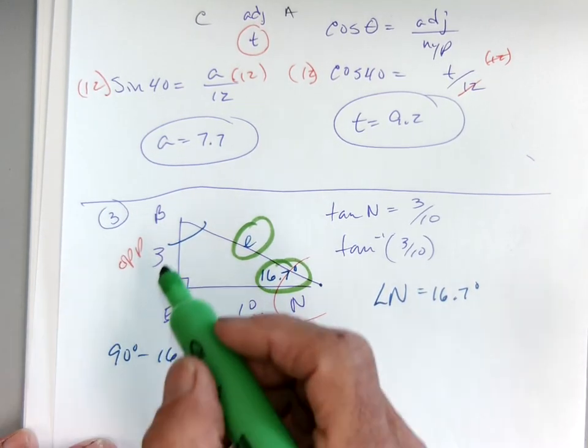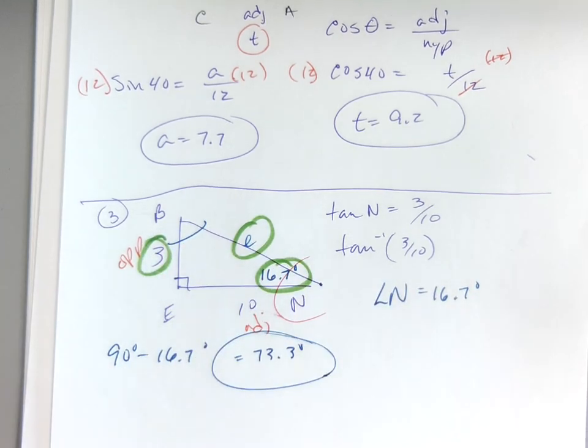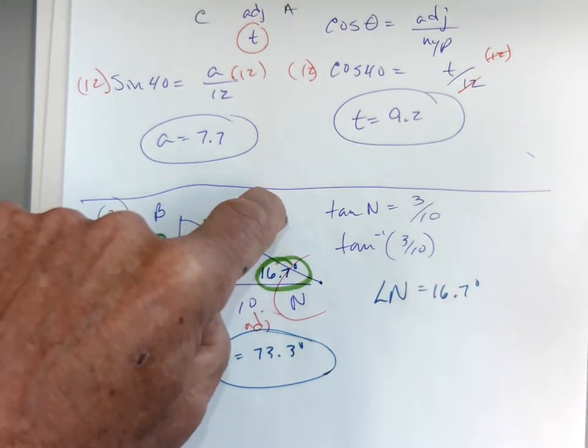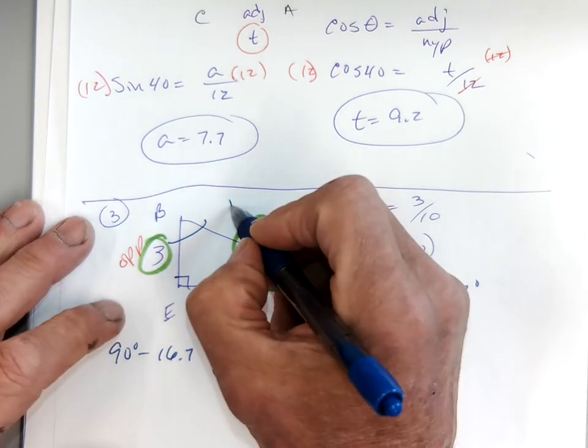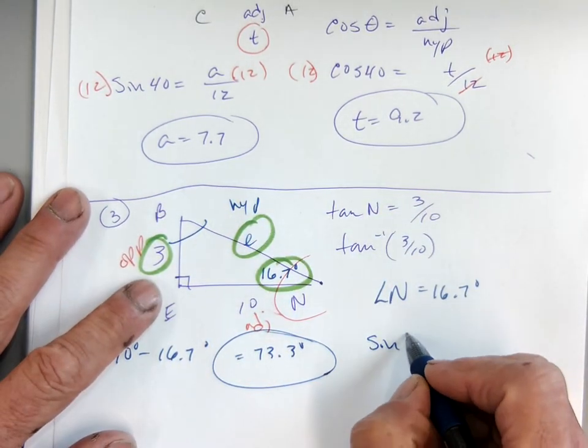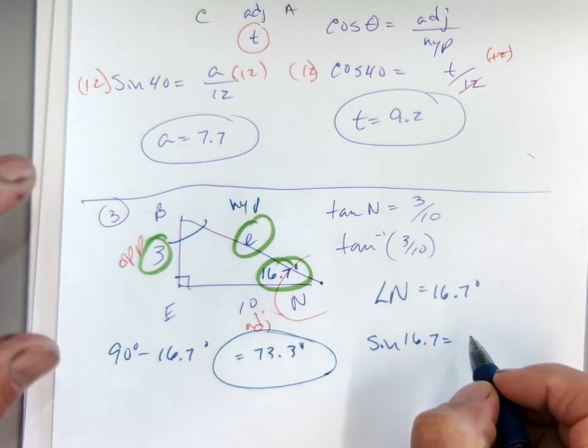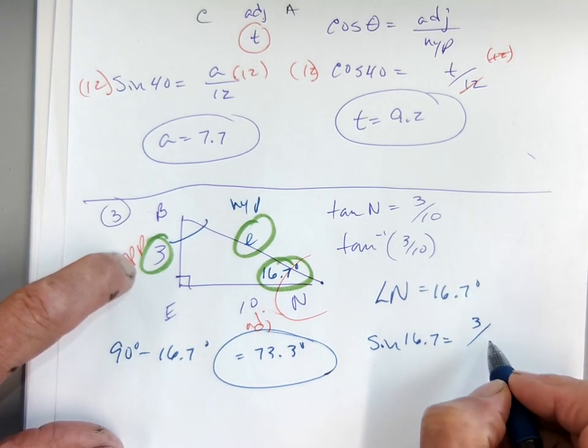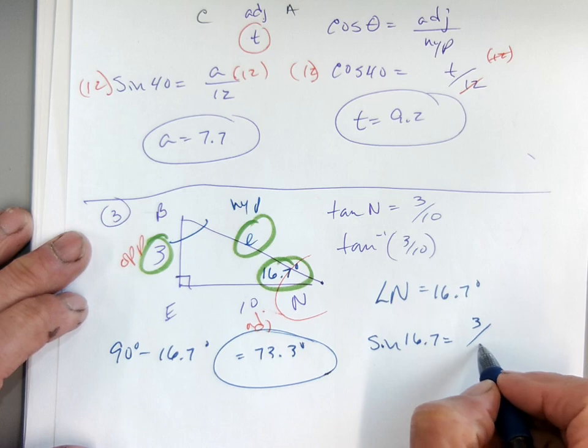The 3. So we're going to use sine, opposite over hypotenuse. Sine of 16.7 equals my 3 over my hypotenuse. Just call that little e.